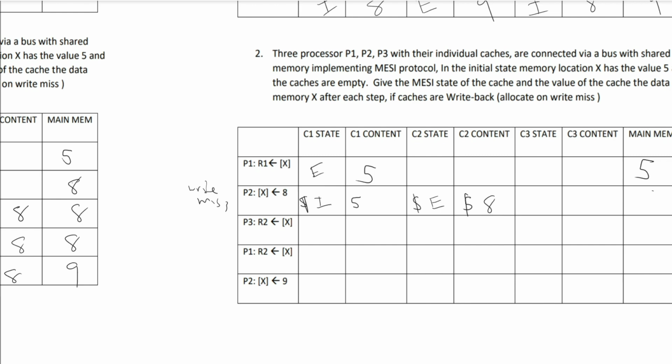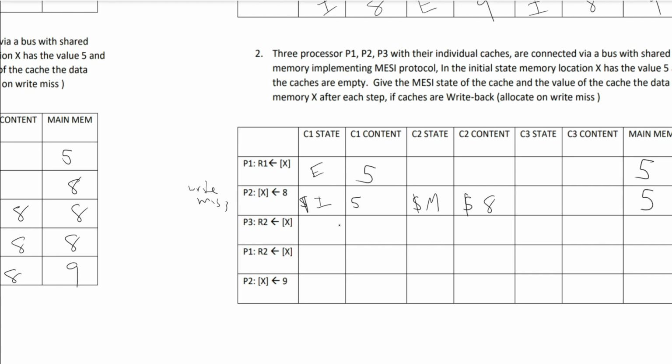But main memory still has a 5 because it's write back policy, and we only update the main memory if we need to. So then, oh, this is an exclusive. Sorry, I said exclusive, right? This should be modified. My bad. It's modified because this cache has newer data than main memory because of the write back policy.